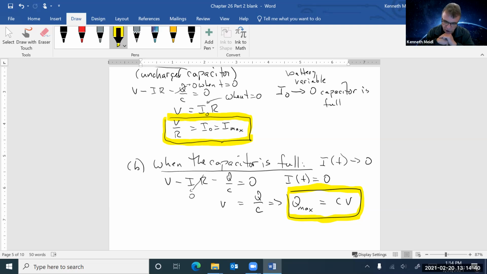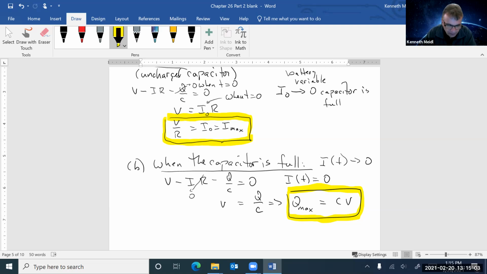And so how much charge you can put on the plates is proportional to the pusher, the voltage source, as well as what kind of capacitance you've got built into the plates and so forth. So yeah, this is all very nice, right? Things work out here very, very well. And I think no surprises there at all.